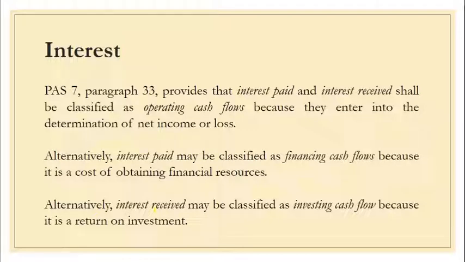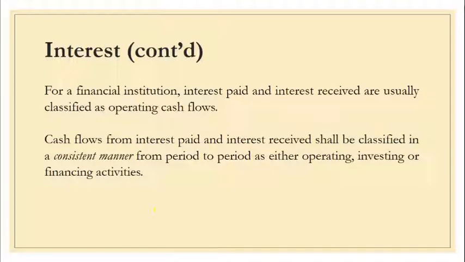Alternatively as well, your interest received may be classified as investing cash flows because it is a return on investment. So, for a financial institution, interest paid and interest received are usually classified as part of operating cash flows because, as I mentioned a while ago, that is their normal operating activity.